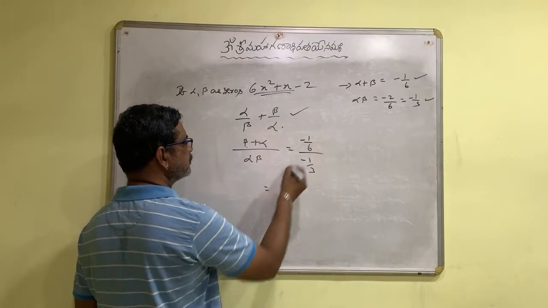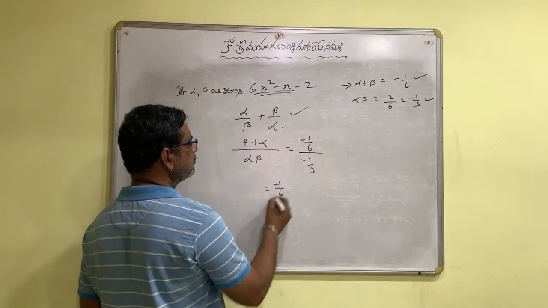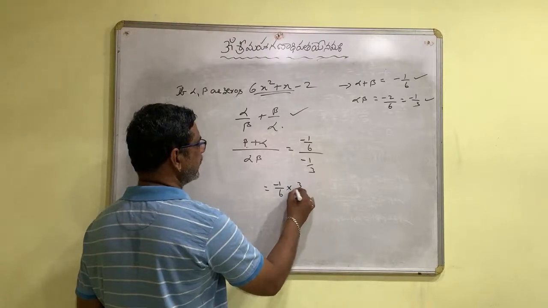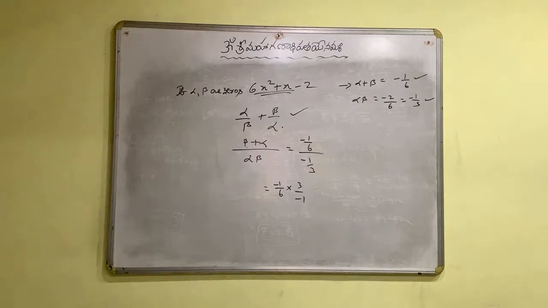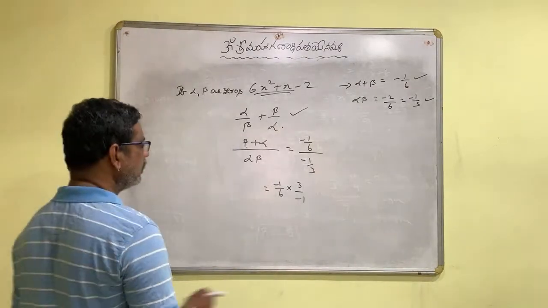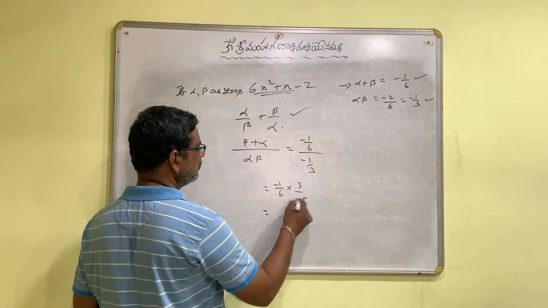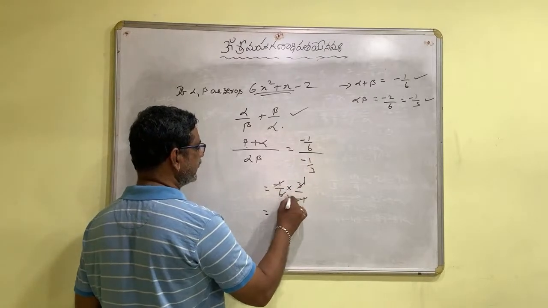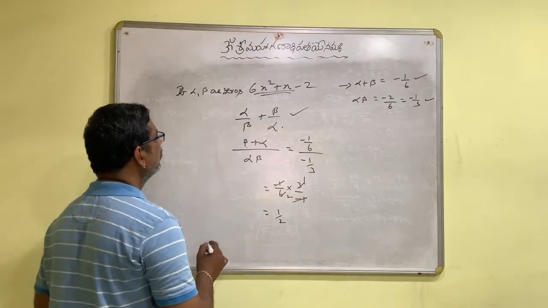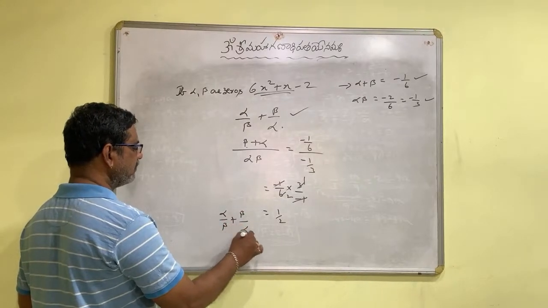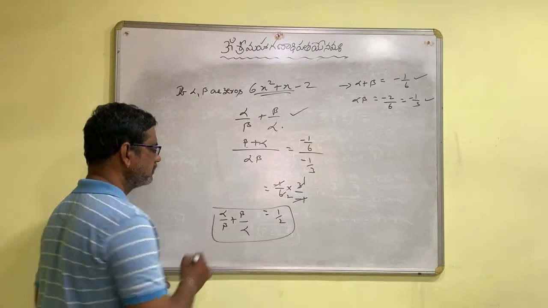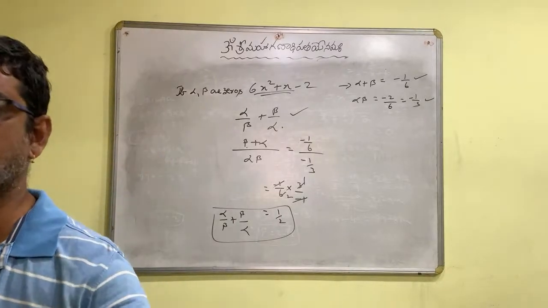When you simplify, negative 1 by 6 into, it gets reversed, 3 by negative 1. These two get cancelled, 3 ones are, 3 twos are. So alpha by beta plus beta by alpha value is 1 by 2.